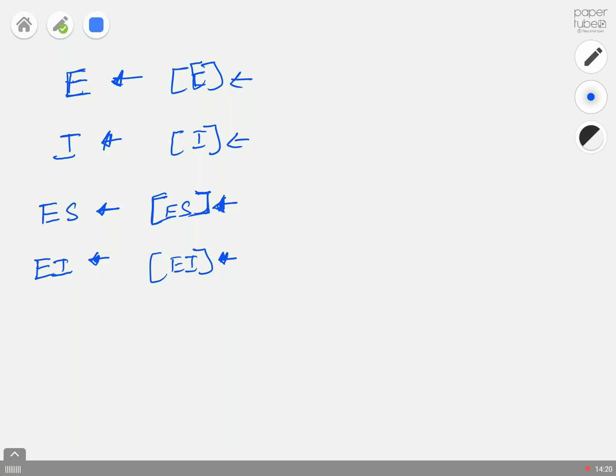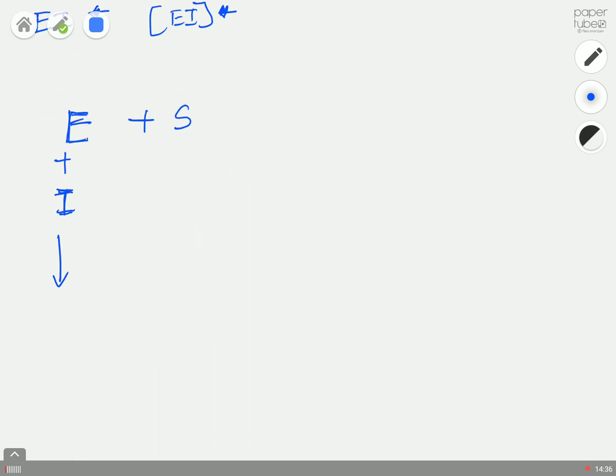As I said, we have enzyme, substrate, and inhibitor in the reaction. If your enzyme and your inhibitor associate together, they will form an enzyme inhibitor complex. Again, this is a reversible reaction.